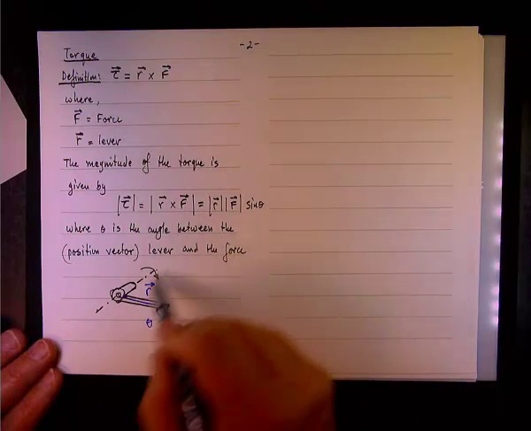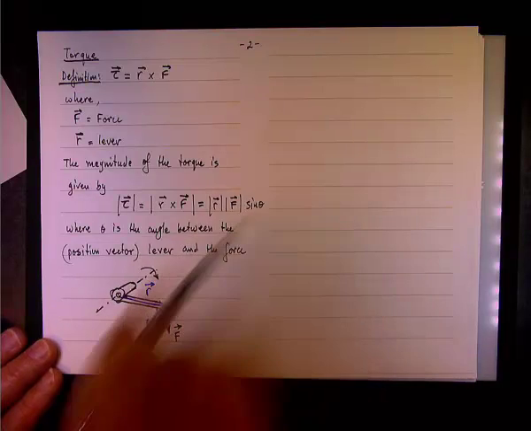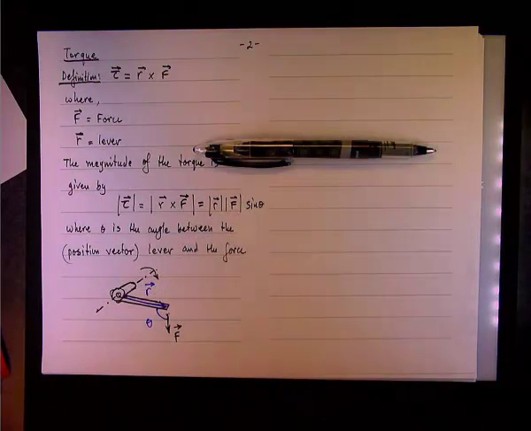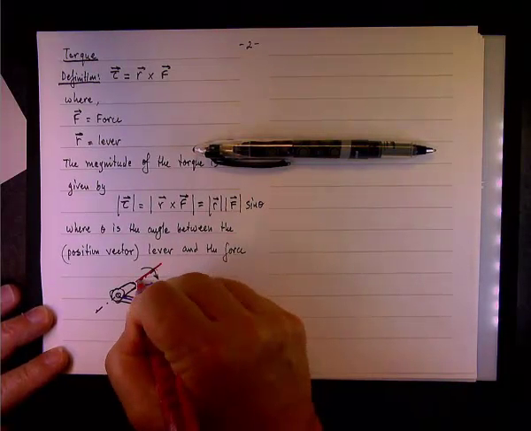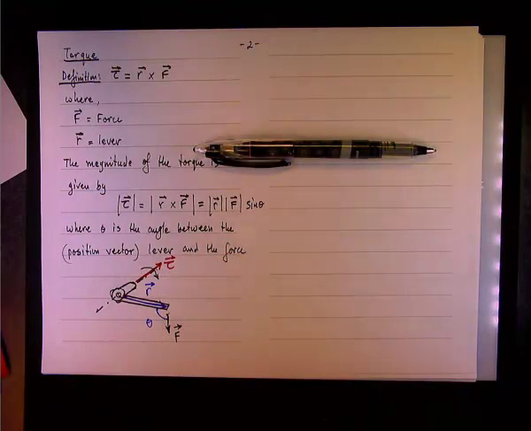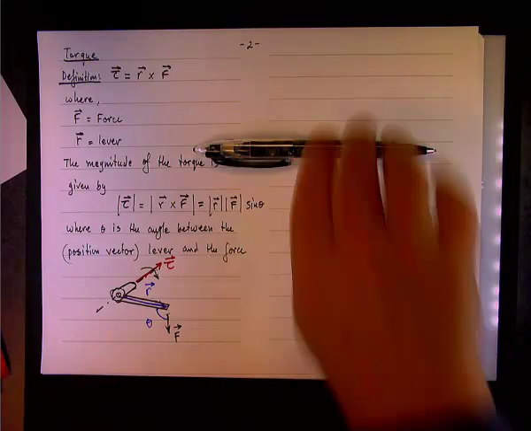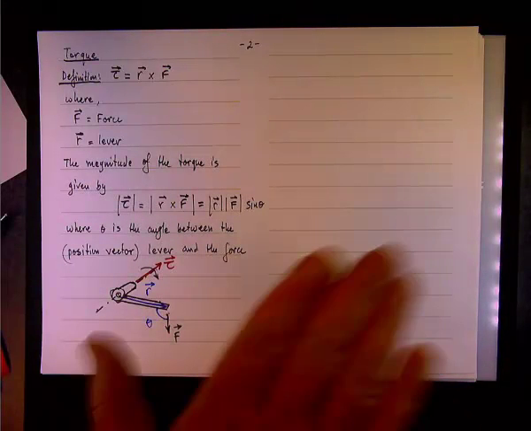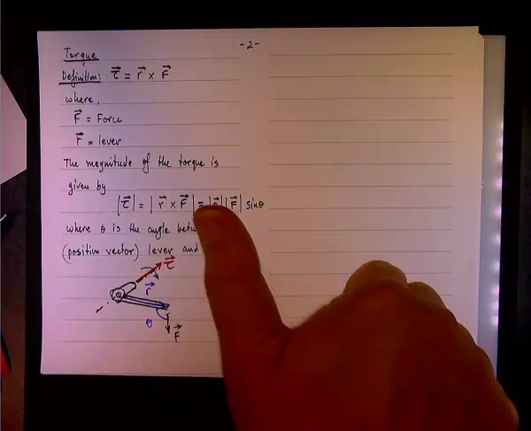We follow the right hand rule because we have R cross F, and the direction of the torque will be going into the paper. So the result would be a vector in this direction, and this is the torque vector. Again, use the right hand rule. R cross F, result: torque in this direction.